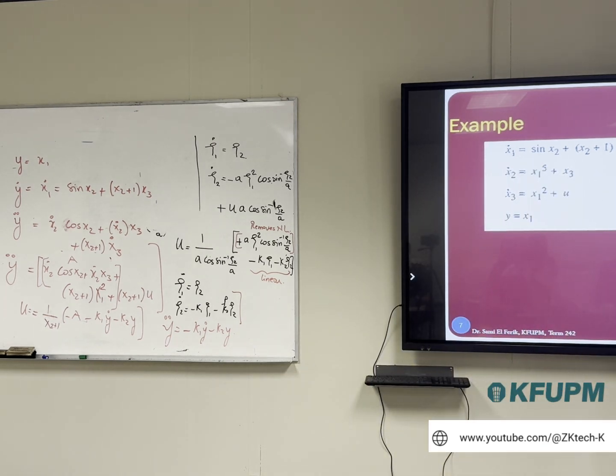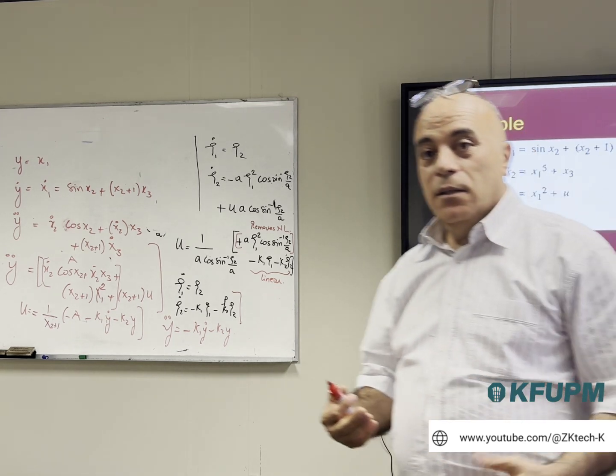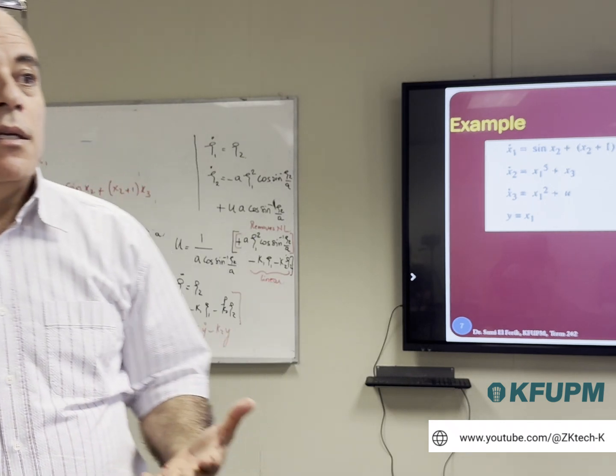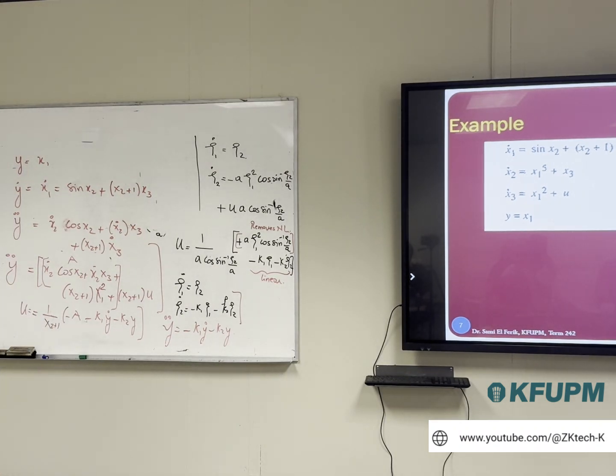There is an internal dynamic on the system, right? One of the states on the system that I'm not seeing. It disappeared from my linearization. So you could have this system going to zero, and you are very happy using MATLAB and others, while one of the states is going to the roof.